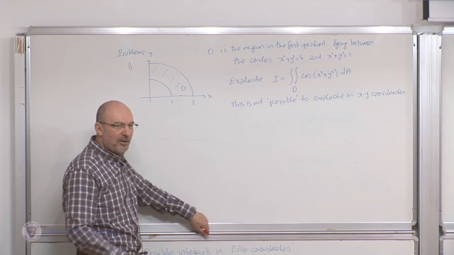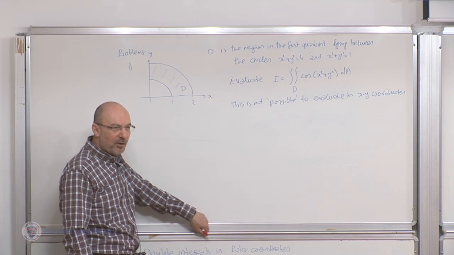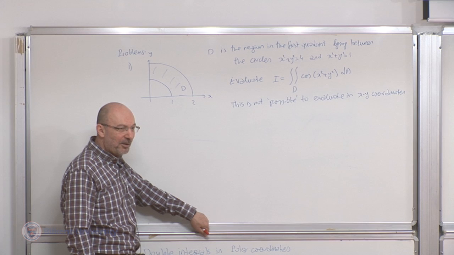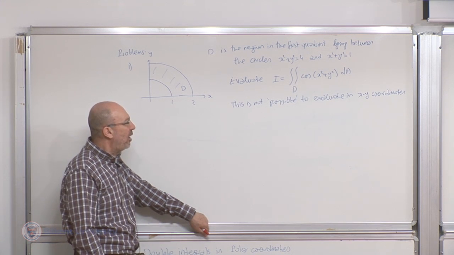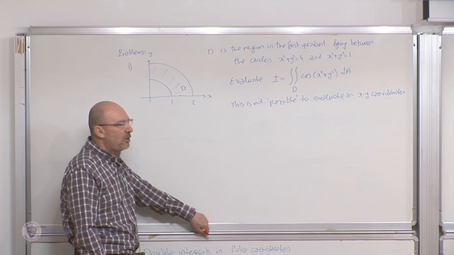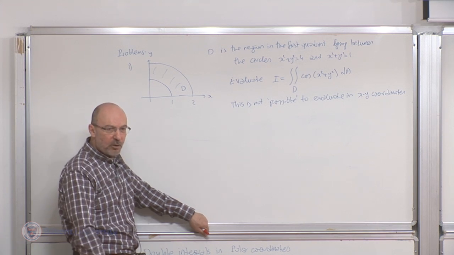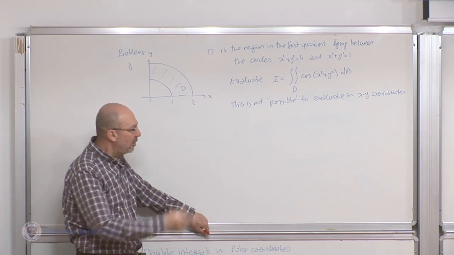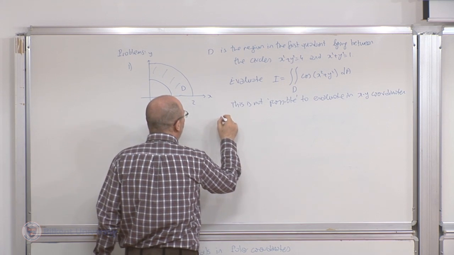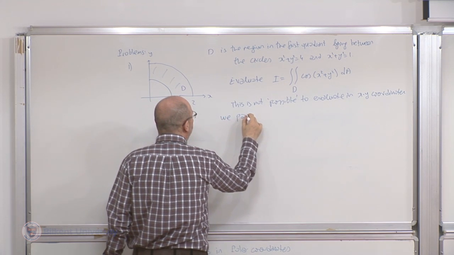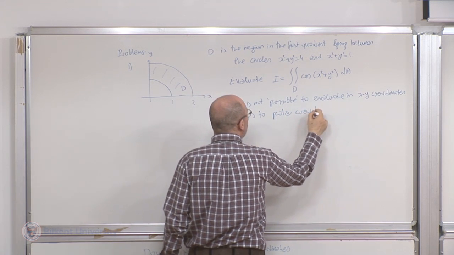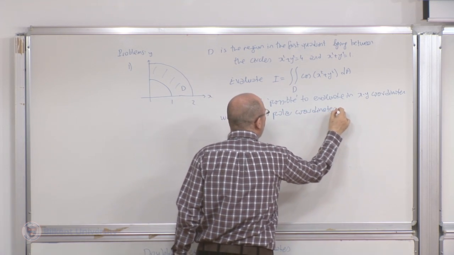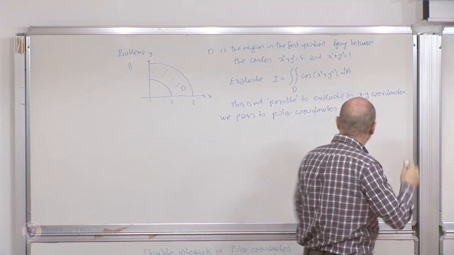Maybe you can invent some complicated formulas which will eventually give you the result. But at the level of calculus, we don't have a well-known function which is the antiderivative of cosine of x squared plus y squared with respect to x. So we pass to polar coordinates. And then we follow this rule.